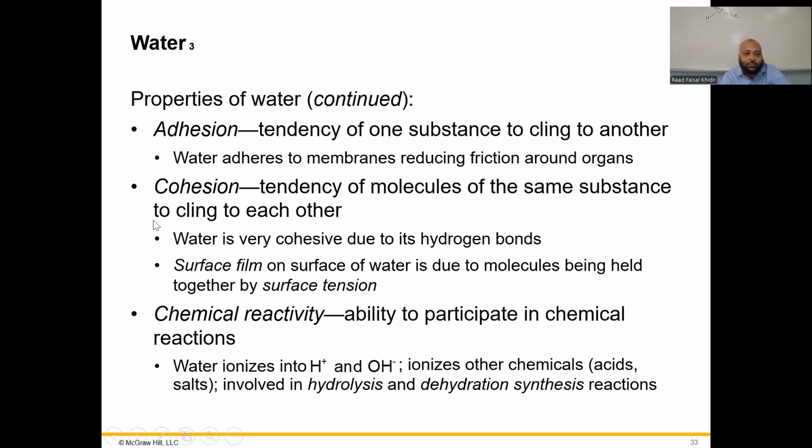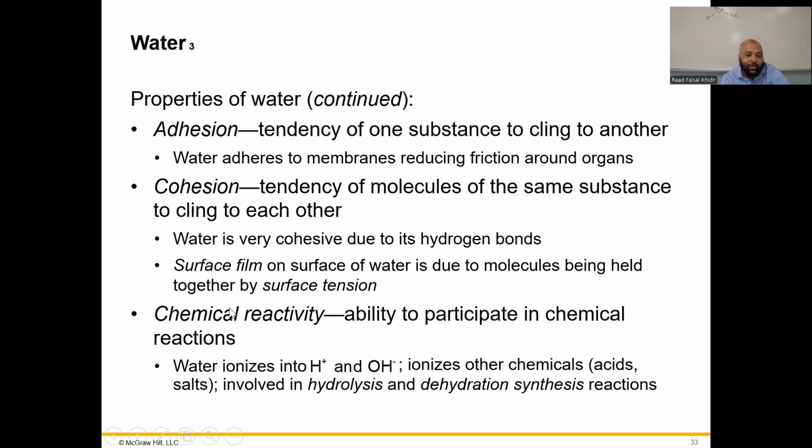Cohesion is the tendency of molecules of the same substance to cling to each other. Water is very cohesive due to its hydrogen bonds. The surface film on the surface of water is due to molecules being held together by surface tension.